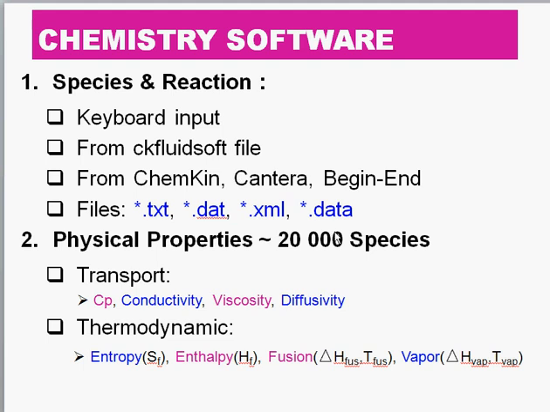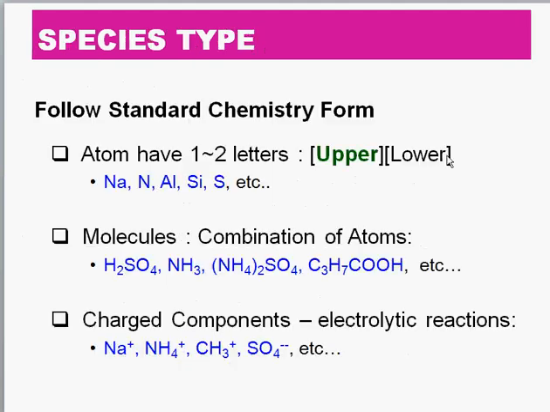The software also includes a number of physical properties, which are transport types and thermodynamic types of properties. The species inside the CKFLUIDSOFT are basically molecules, which are a combination of atoms.